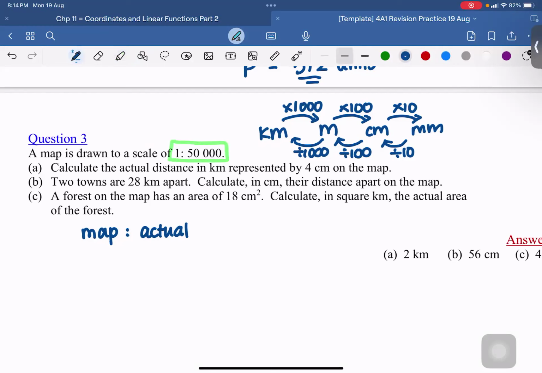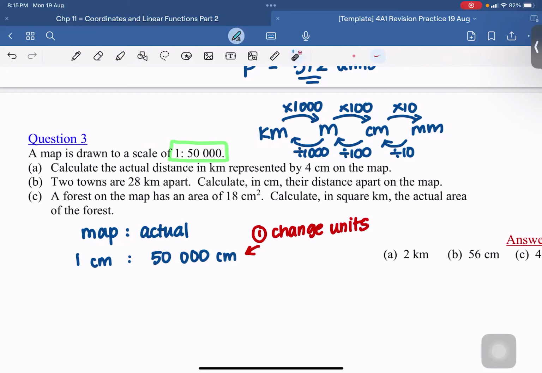So when there's no units, we start off with 1 cm, 50,000 cm. Then the thing we always try to do is, number one, change the units first to the one that you want. But how do I know what kind of units that I want? Let's read the question. Calculate the actual distance in kilometer.